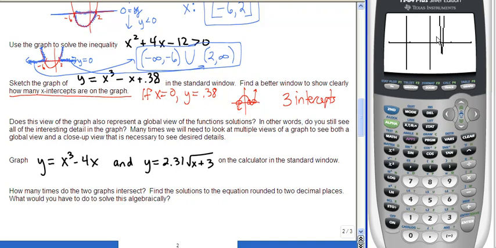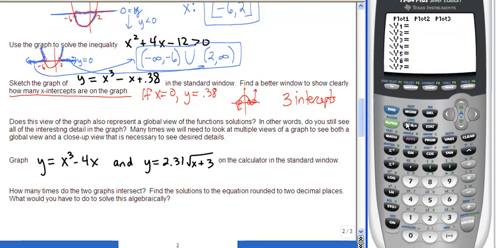Okay, we're going to talk next about how you can use a graphing calculator to find an intersection between 2 different graphs. So this time we're going to graph x cubed minus 4x and 2.31 square root of x plus 3 on our calculator. So let's go to our y equals, clear out our last graph, and in y1 we're going to type in x cubed minus 4x.